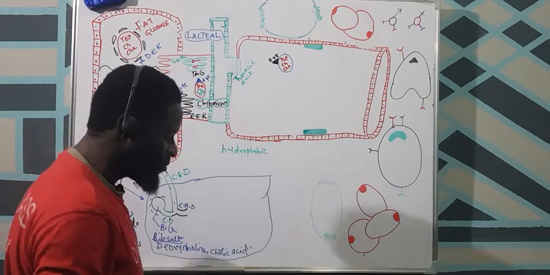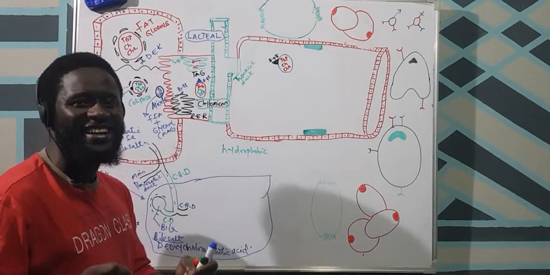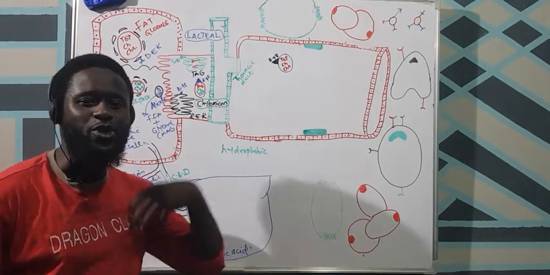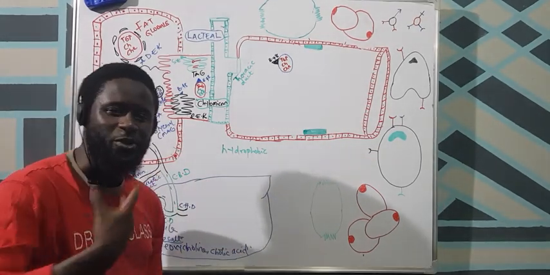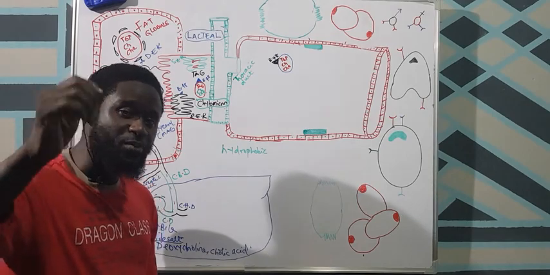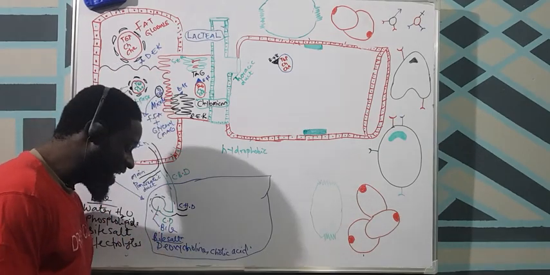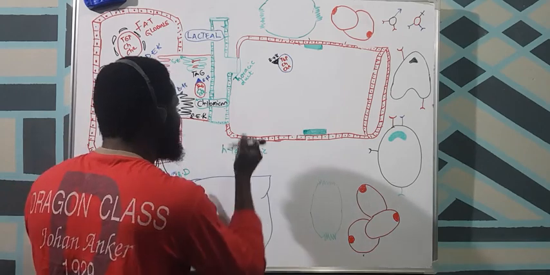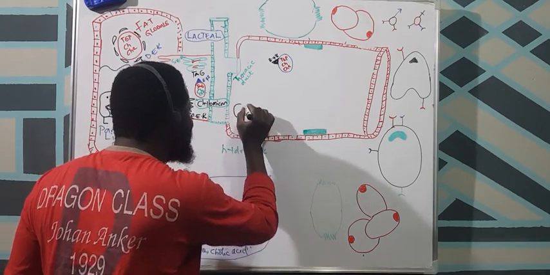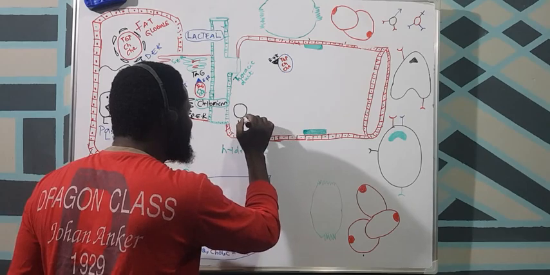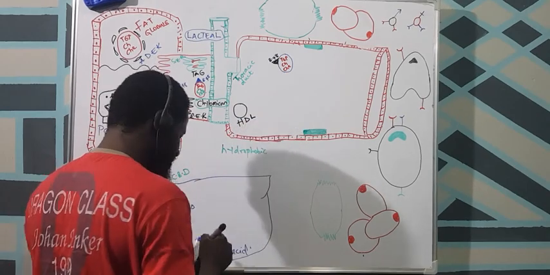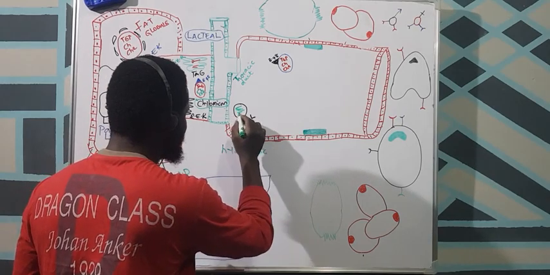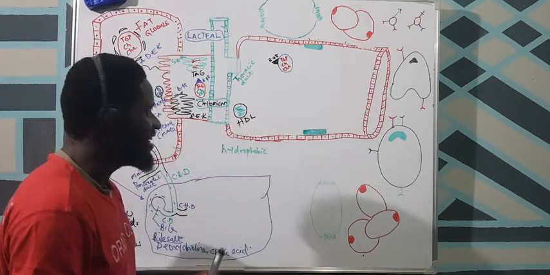Once it's inside the bloodstream, there is a special molecule that says, hey, I need to give you some proteins so that you can continue your chemical activity. That molecule is called HDL, high density lipoprotein.